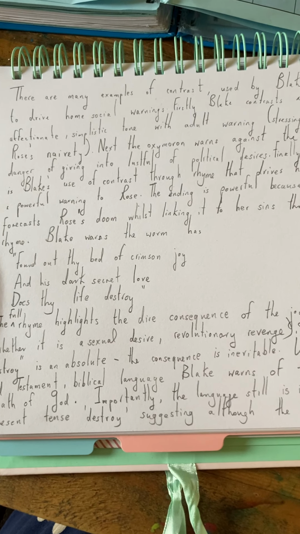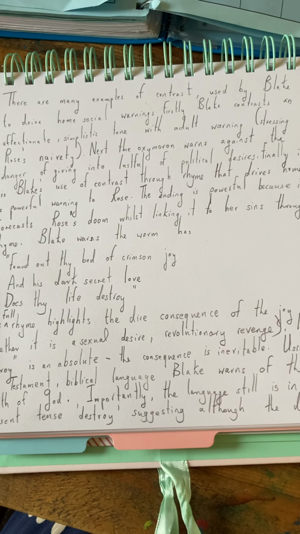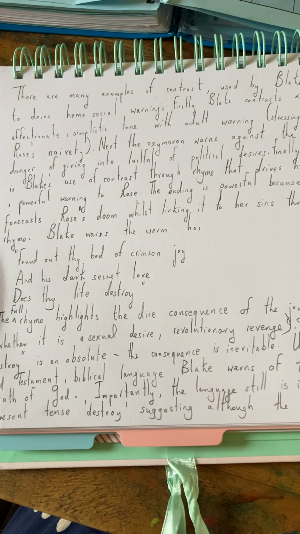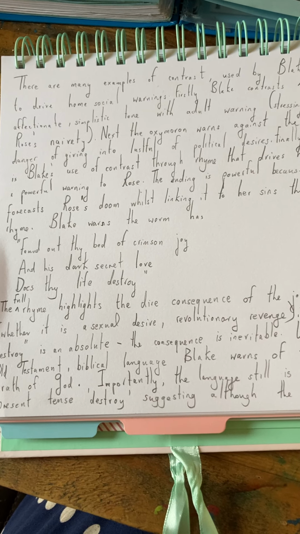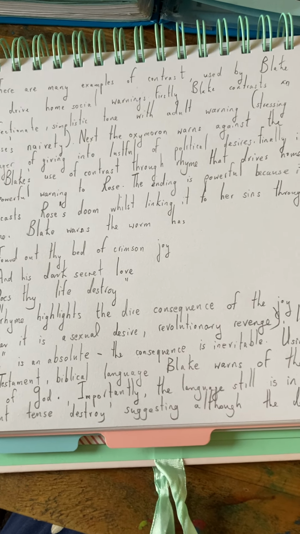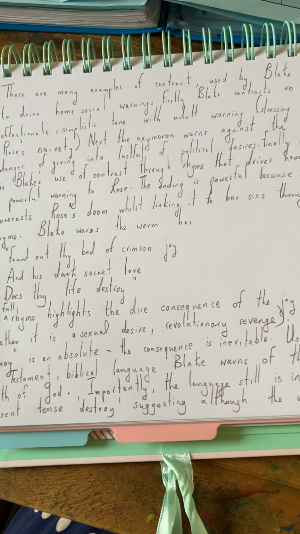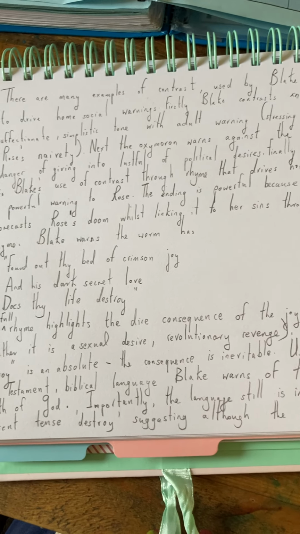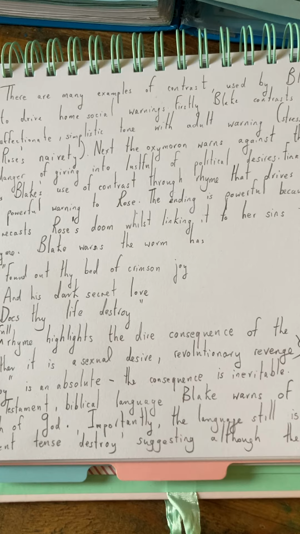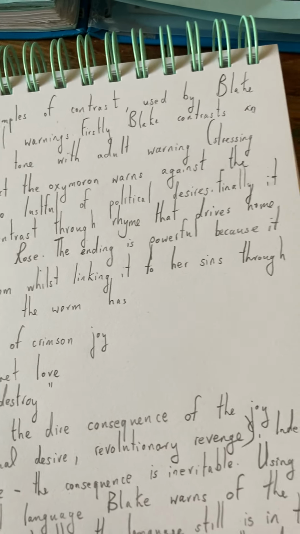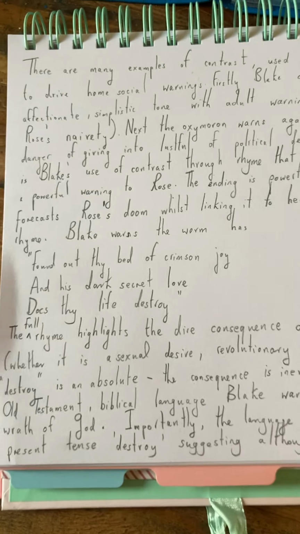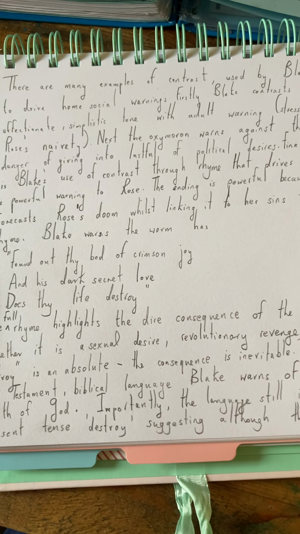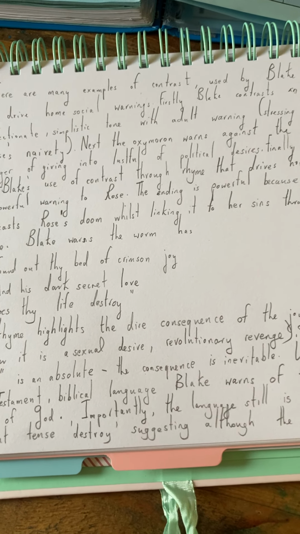So, there are many examples of contrast used by Blake to drive home social warnings, a reminder of my argument. Firstly, Blake contrasts an affectionate, simplistic tone with an adult warning, stressing Rose's naivety. That was paragraph 2.